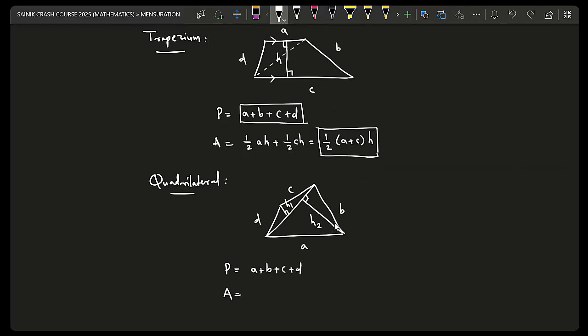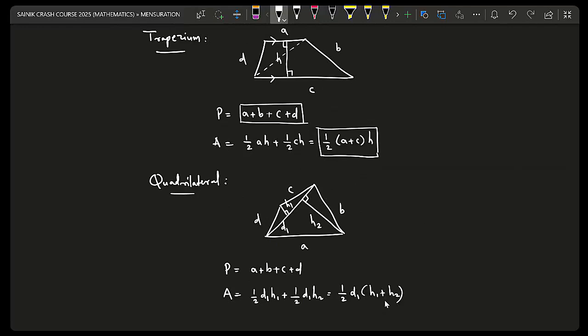So what is the area of the left side triangle? Let us say this diagonal is D1, it is half into base into height. What about the other triangle? Half into base into height. You can take that common: half into D1, that is H1 plus H2.